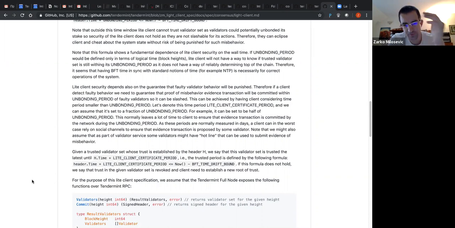So we still assume here that this evidence will be processed on time, and this goes back to the idea of the unbonding period, which is expressed not just in terms of time but also heights. It's more or less the same thing: we just want to extend this period as much as possible, so that in case of some kind of attack we increase the chance of evidence being processed by Tendermint.